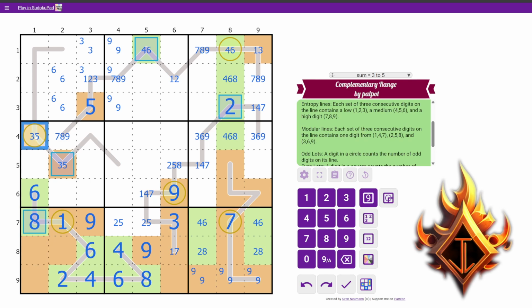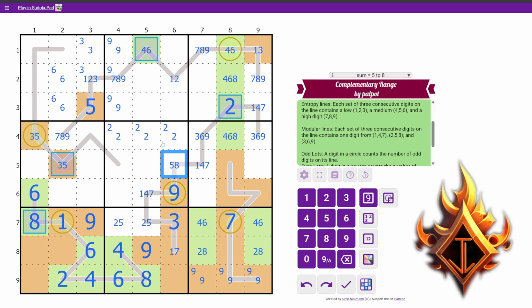If this was a 3 and it was entropy, 2 could not be here. If this was a 3 and it was modular, this would be a 5, so 2 could not be there. So the best that tells me is that 2 goes up here. But that might be good, because it does take 2 out of there.